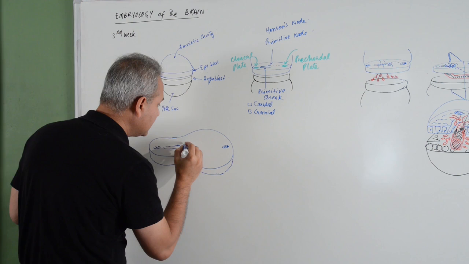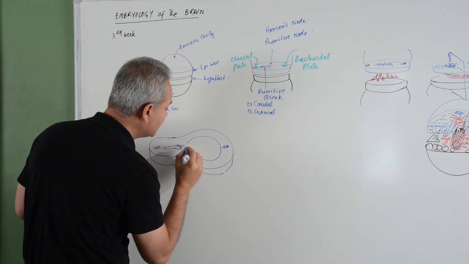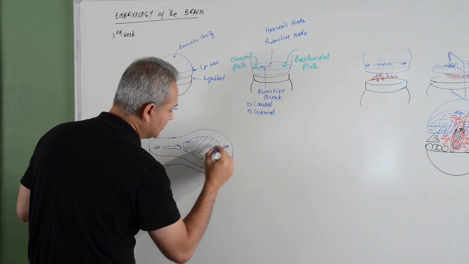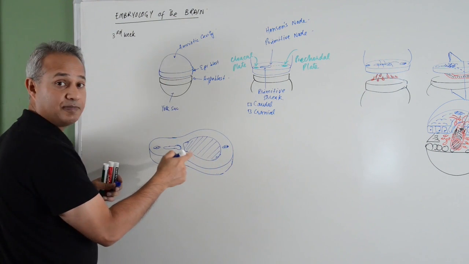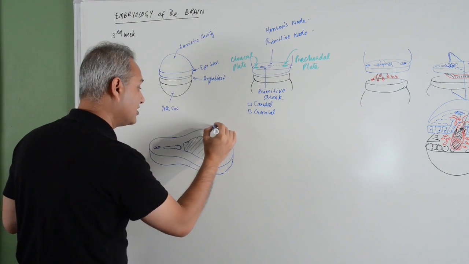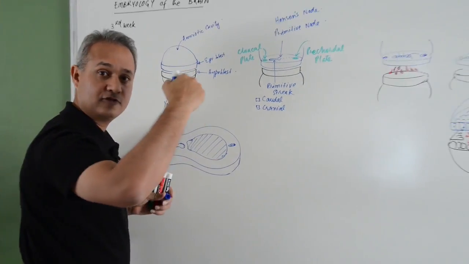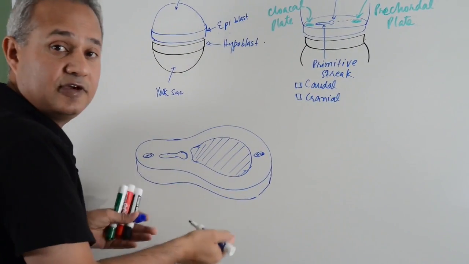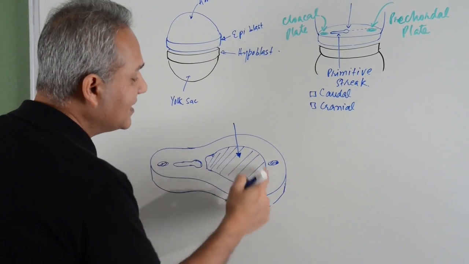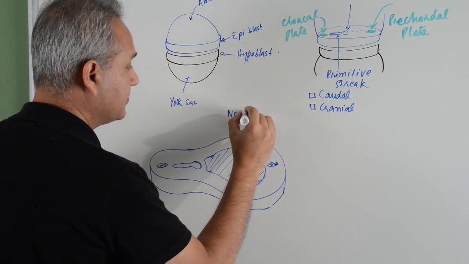What happens is, in here, a thickening appears, or the cells become thick. So now remember, this is still the epiblast, but the cells in the epiblast have become thick under the inductive influence of the notochord. The cells which are becoming thick, this thick region, is called the neural plate.